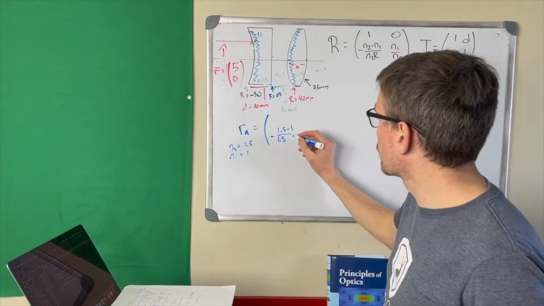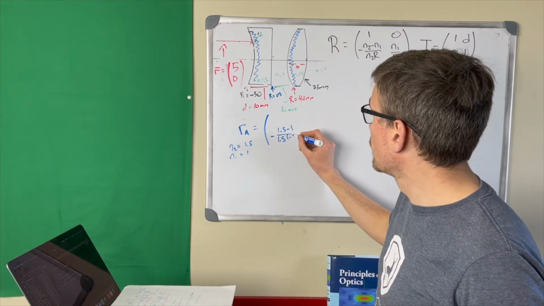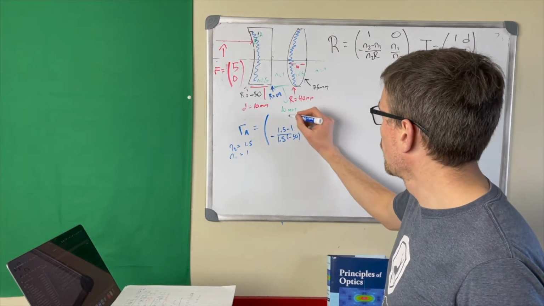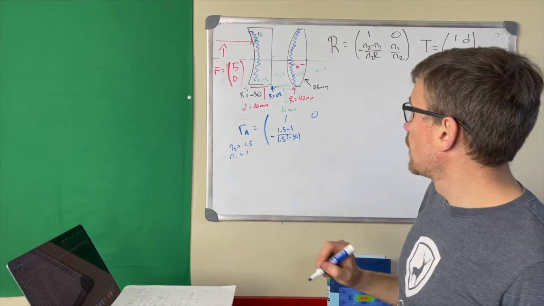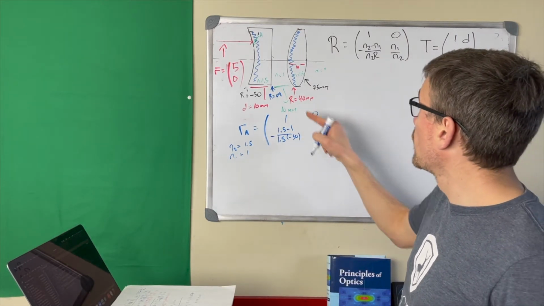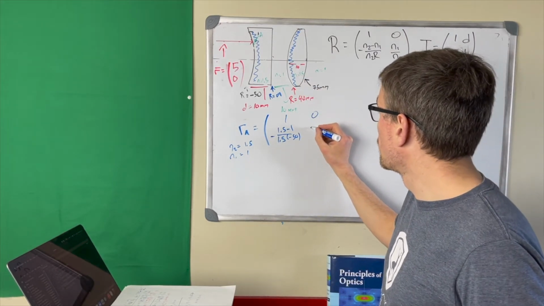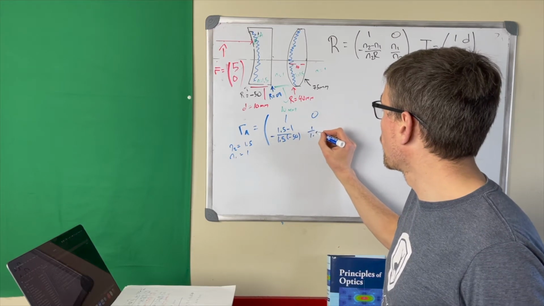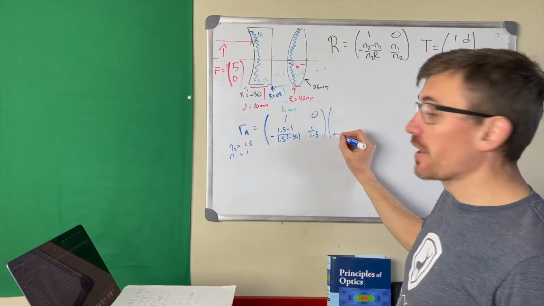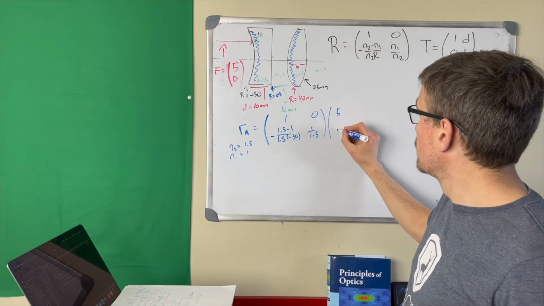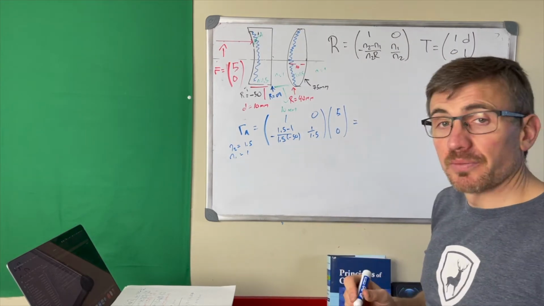R, the radius of curvature, of course, negative 50. The rest of the entries aren't so bad: 1, 0, and we have 1 over 1.5. So that's 1 divided by 1.5. We multiply that by our input, 5, 0, and that's what comes out.